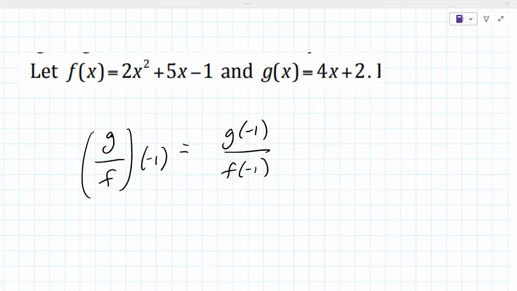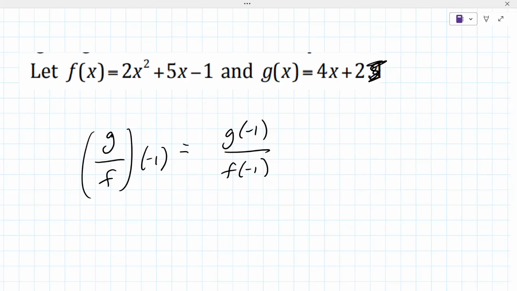So g of -1, so -4 plus 2. Is it a 2.1? Or no, sorry, that's a bracket. That's a bad snip on my part. So it should be -2.